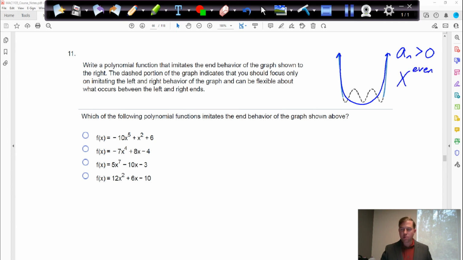So just based on those two things, we can eliminate. Any negative coefficient is gone, so minus 10 is gone, minus 7 can't work. And then the power has to be even, so this x to the 7th is out. That leaves the only possible polynomial this one can be, 12x squared plus 6x minus 10.